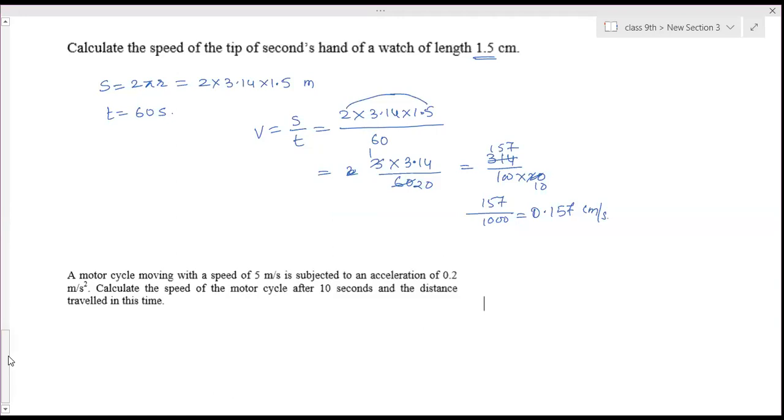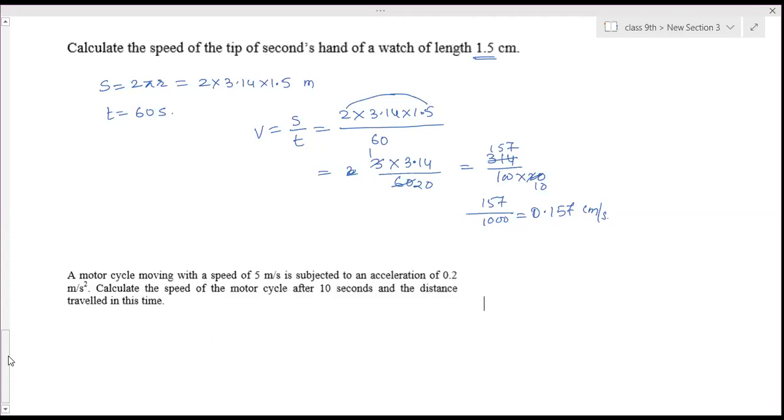Ma'am, in this question, the initial velocity is 5 meter per second, right? Yeah. Ma'am, if the final velocity is 7 meters per second, the answer is 60 meter.